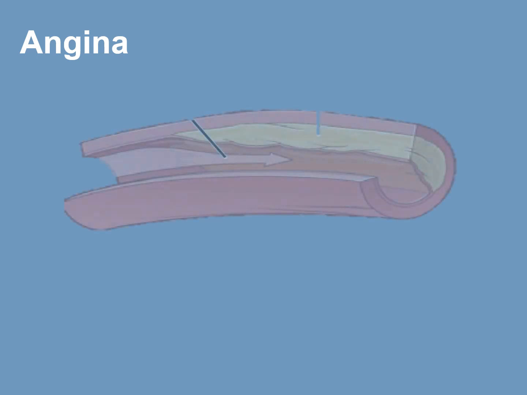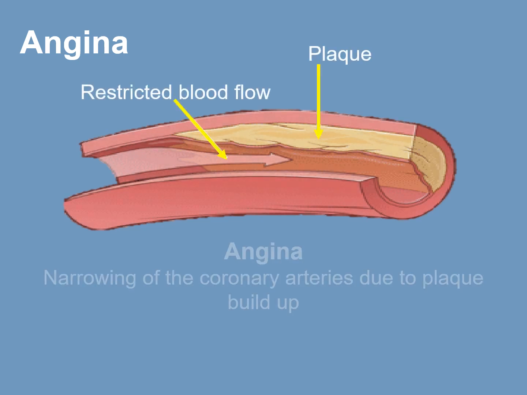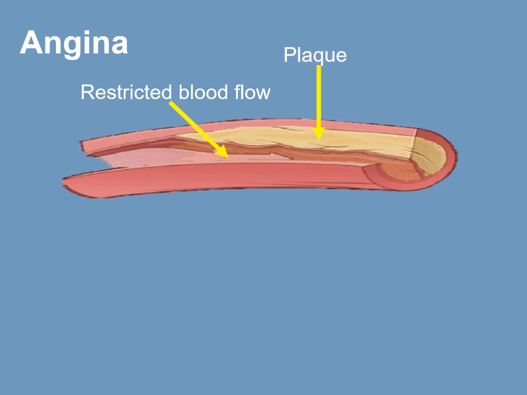Angina is the narrowing or blockage of the arteries, partly due to plaque build-up causing restricted blood flow. When we are subjected to stress or exercise, vasoconstriction or narrowing of the blood vessels occurs. This makes it harder for the blood to flow through the already restricted artery.